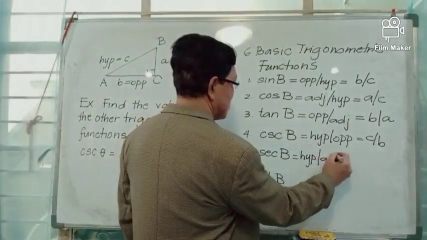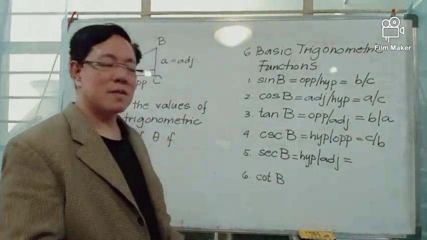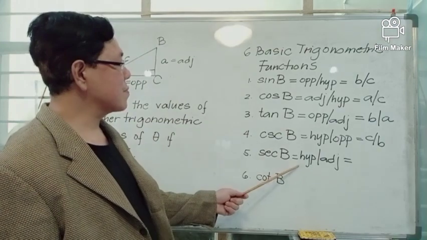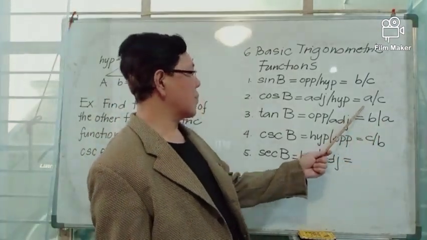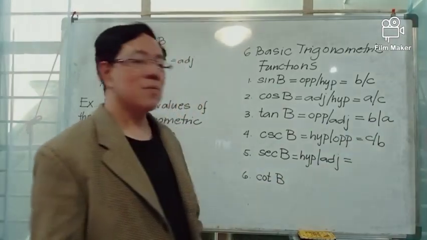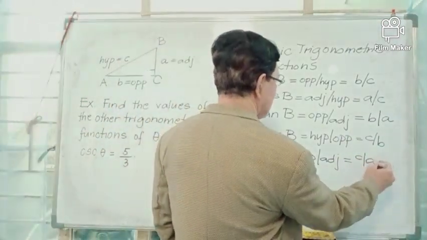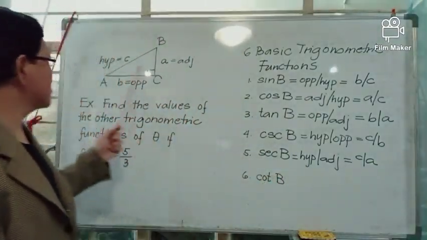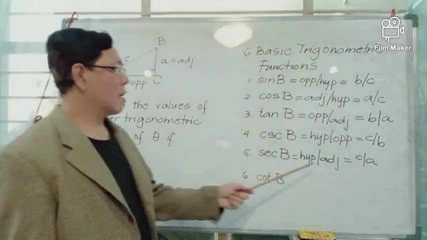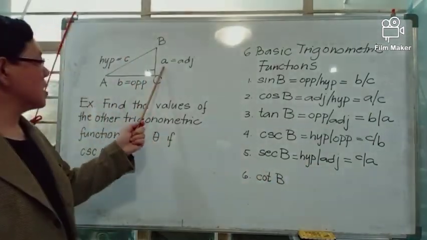And this is equal to the reciprocal of a over c, which is c over a. Or from the diagram, the hypotenuse is c, and the side adjacent to the acute angle B is small a.